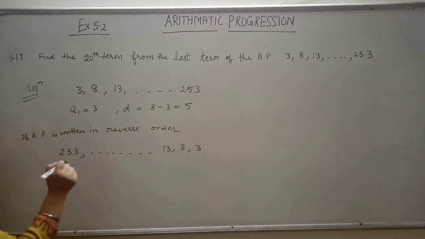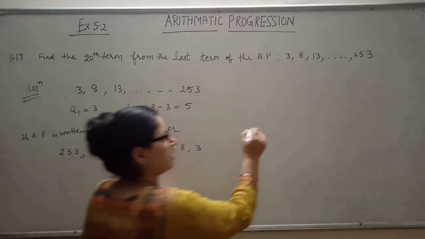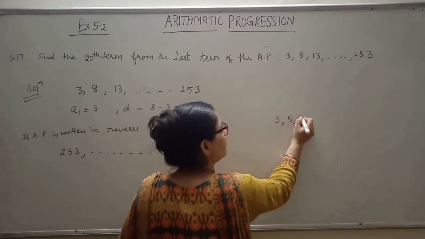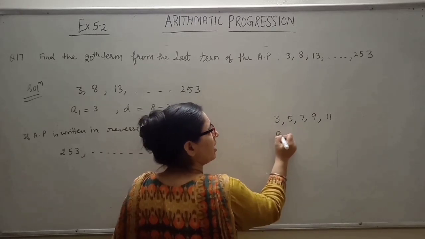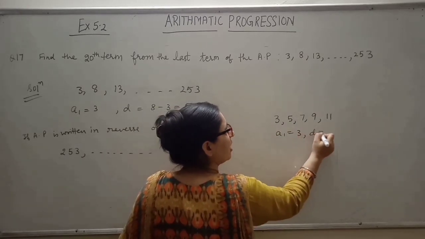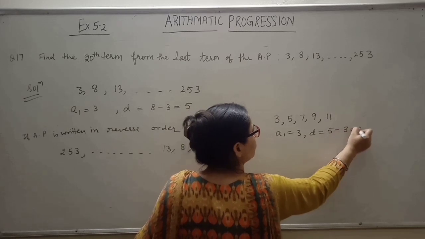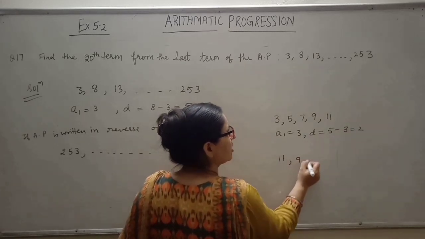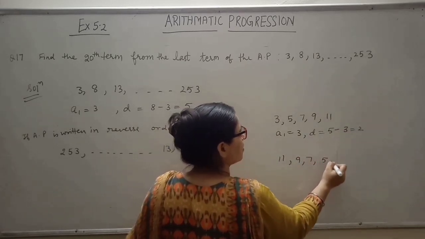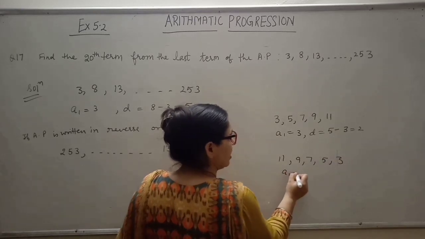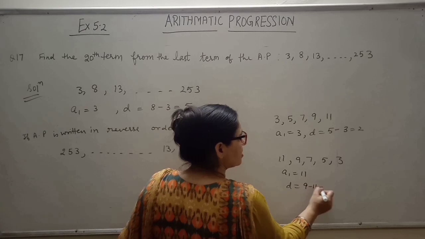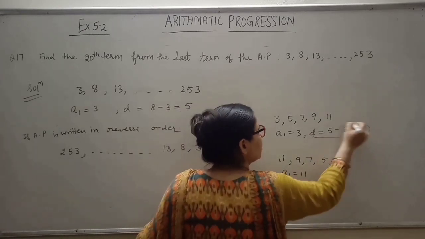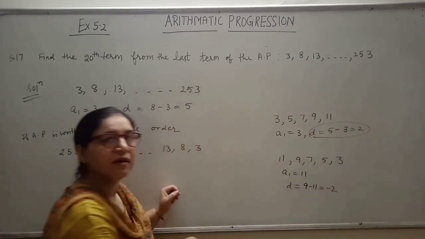And in this case, let me give you an example: 3, 5, 7, 9, 11. If we look here, A1 is 3 and D is 5 minus 3, which is equal to 2. If we write it in reverse order, then A1 becomes 11 and D becomes 9 minus 11, which is equal to minus 2. So whatever D is here, its sign will be reversed.